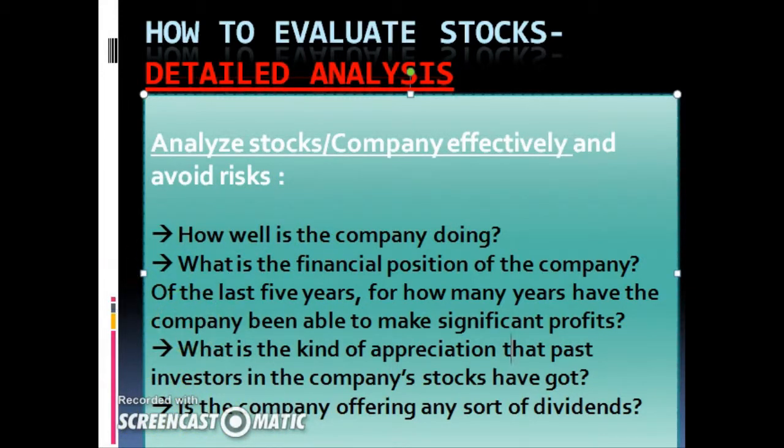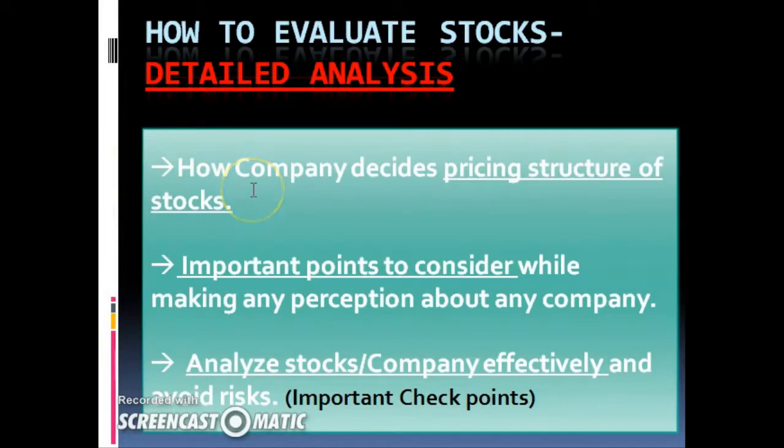So to summarize this video, I would like to again talk about what we have learned here. We have learned what the pricing structure of the stocks is, how a company decides its pricing structure, and how you should be making the perception, because that's a really important point.